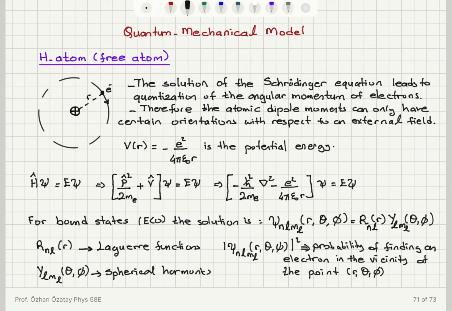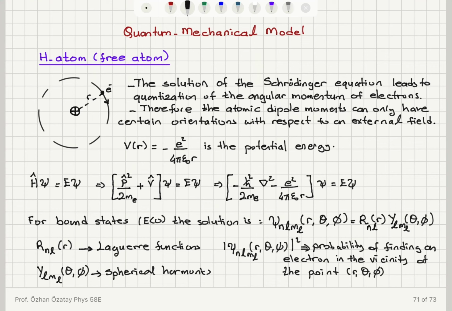And for bound states, for negative energy states, the solution has two parts: the radial part, Laguerre functions, and the angular part, which is the spherical harmonics. The radial part gives us quantum numbers N, L, principal quantum number, and orbital angular momentum quantum number.